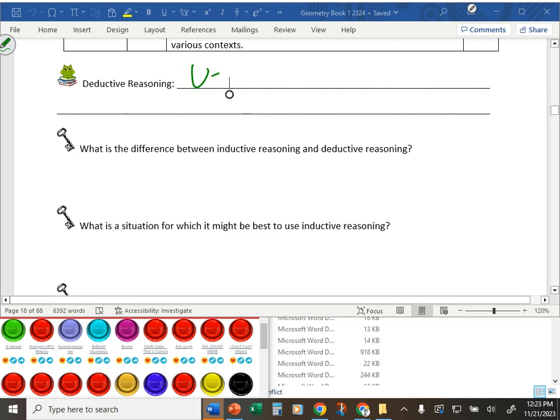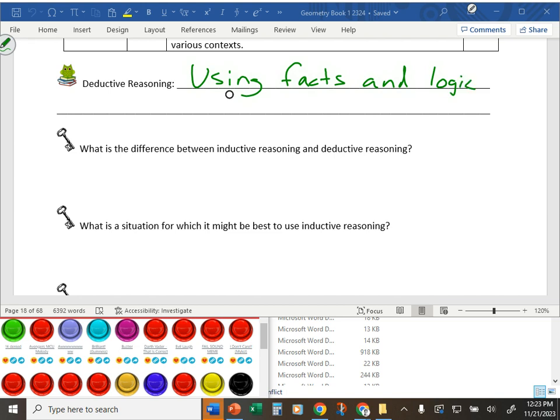Deductive reasoning is using facts and logic to reach an informative conclusion. I'm actually going to change the word thoughtful. I can spell informative. Informative conclusion. Okay? Using facts and logic to reach an informative conclusion.